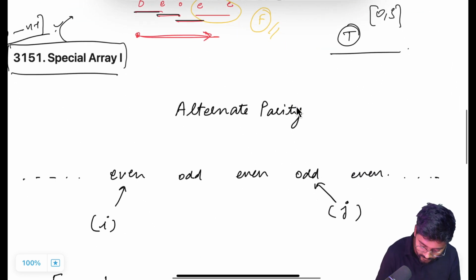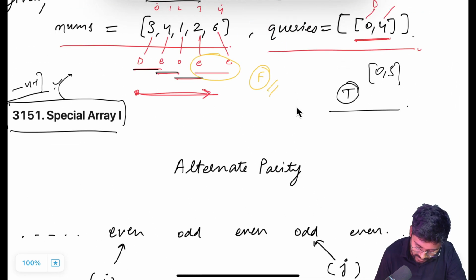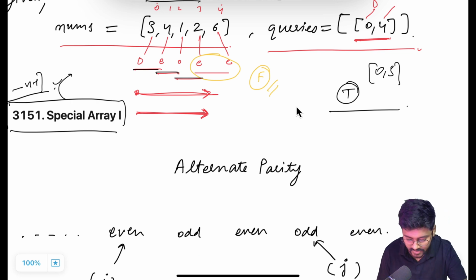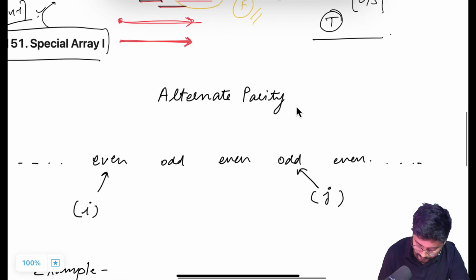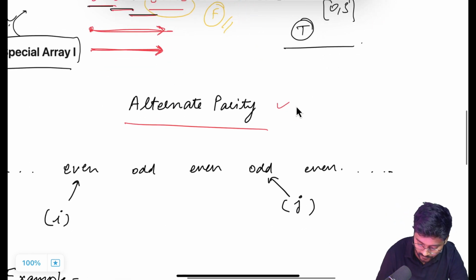So what we are doing here is, for every query, we go through every element and check whether the elements have alternately changing parity. If the first one is odd, the second one should be even, then the third one should be odd, then even, like this. So it should be alternate parity over the range from i to j, or start to end.